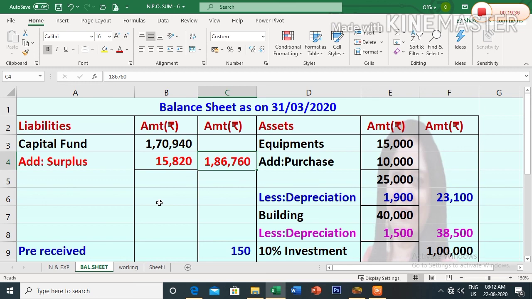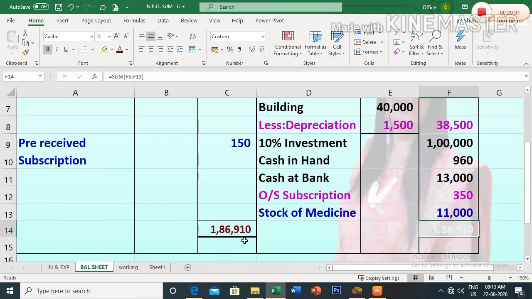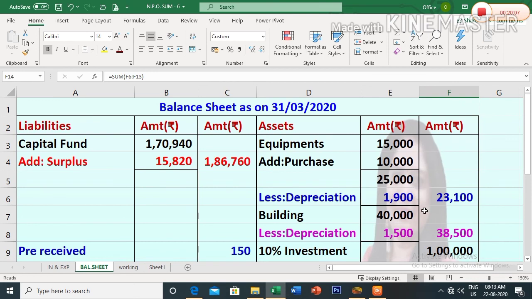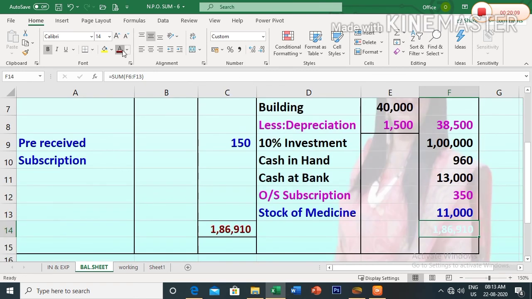Now let's take the total of the liability side. The liability side total is 1,86,910 and the total of the asset side is 1,86,910. So here we can see the balance sheet is tallied.